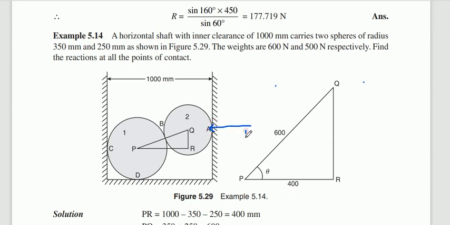In order to hold this sphere, we must have the reaction at the contact area, that is RA.